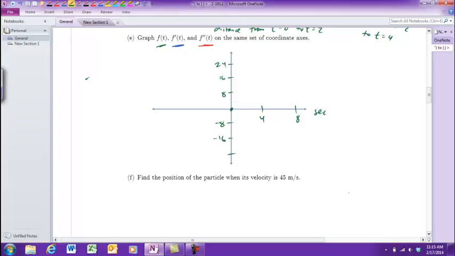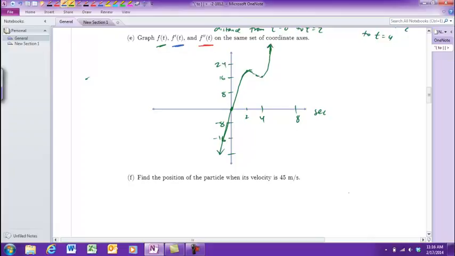So if you graph that original function, it comes up here and right at about 2, remember it got to a position of 20, and then it went backwards and ended up at a position of 16 at 4 seconds, and after that it actually goes back up again. So that's what my original function looks like.